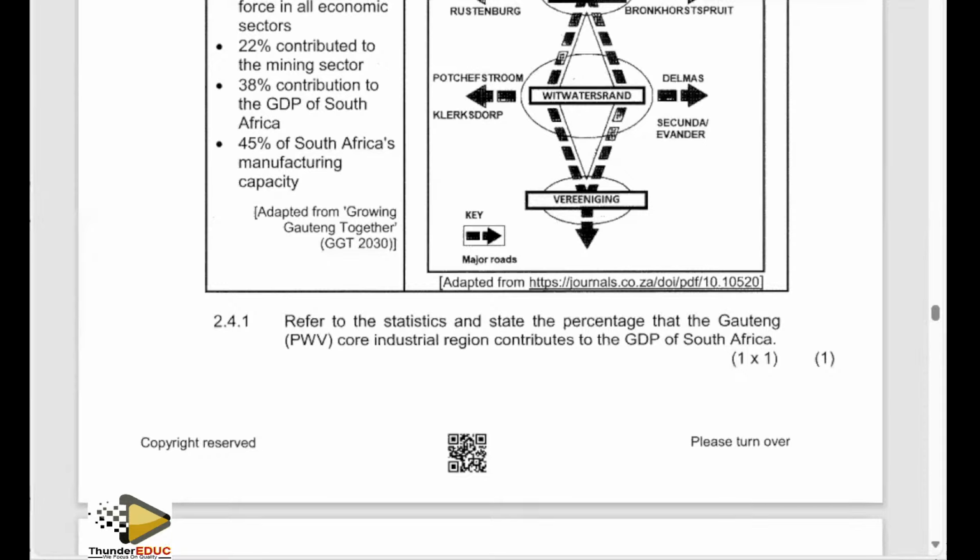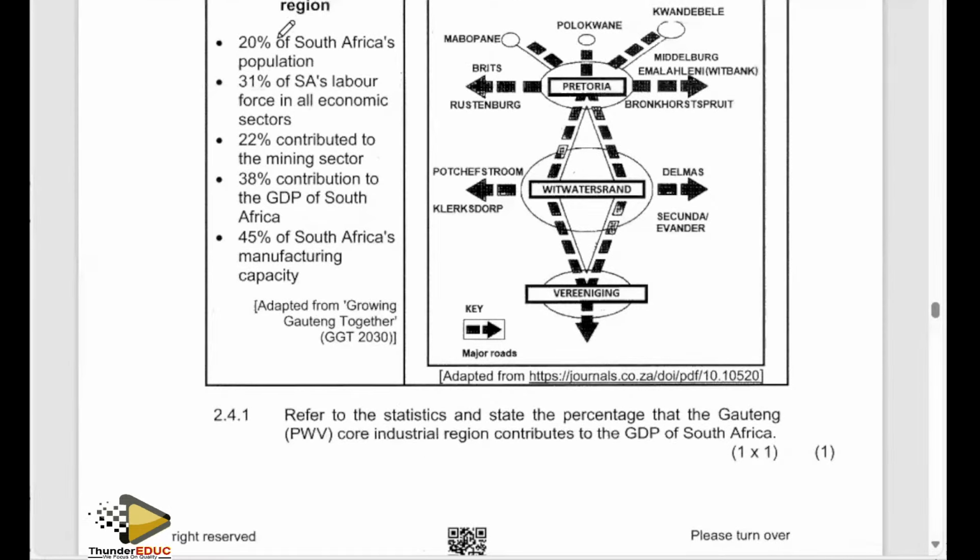How much is the industrial region contributing towards the GDP of South Africa? We find our response here. It says 38% contribution to the GDP of South Africa. So our correct response for question 2.4.1 is 38%, according to the statistics given on the infographic there. Right, we move on to the next question.